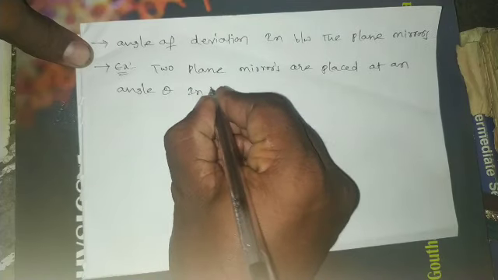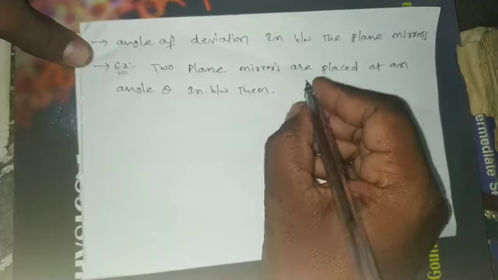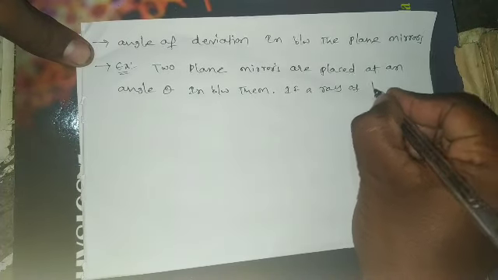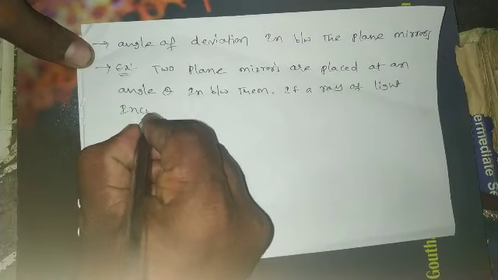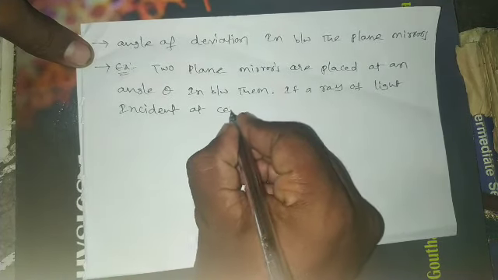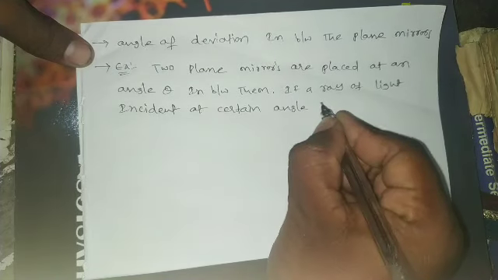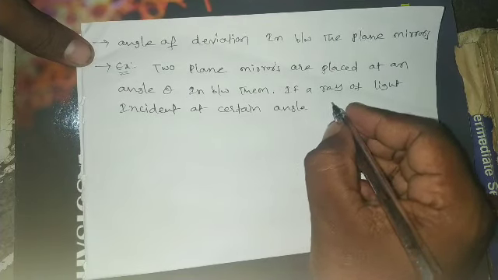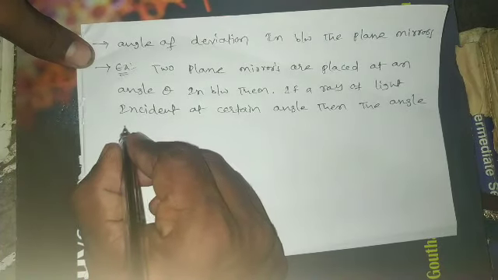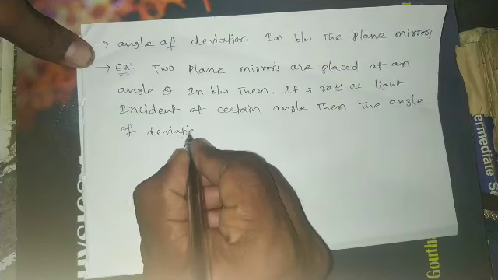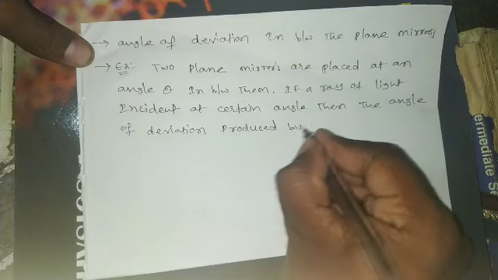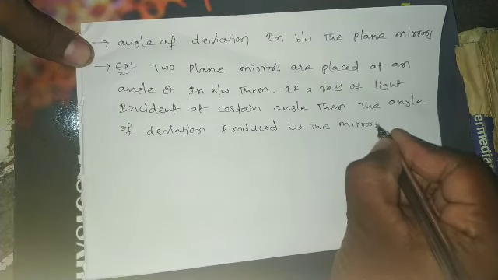In between them, if a ray of light is incident at a certain angle, then find the angle of deviation produced by the mirrors.